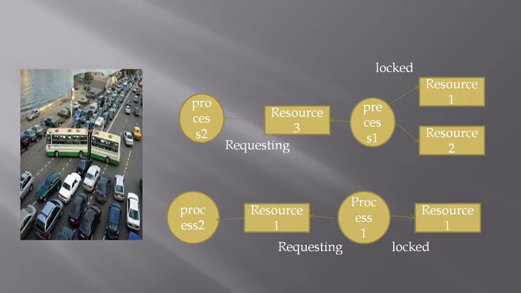One type of example is a traffic jam. For example, we are seeing this traffic jam. There are two buses in between the traffic and on the road. First these two must go that side or this side, otherwise the road will not be clear.